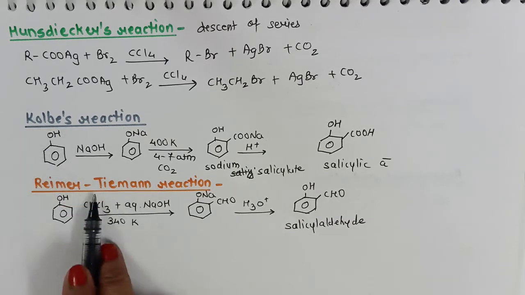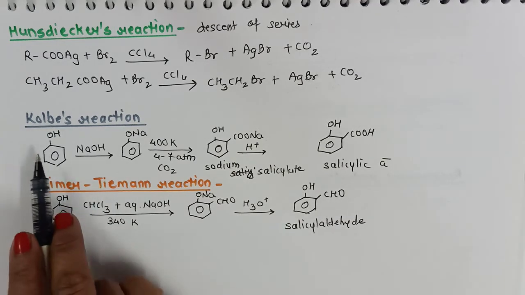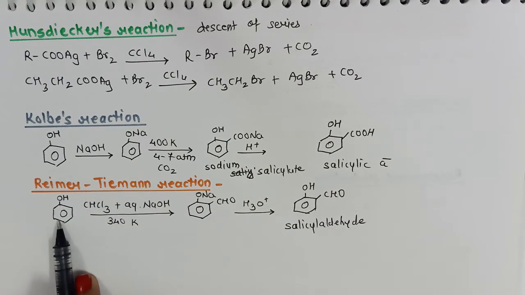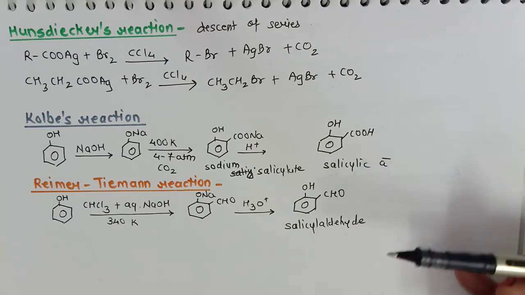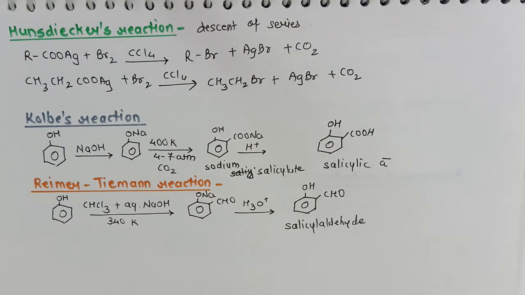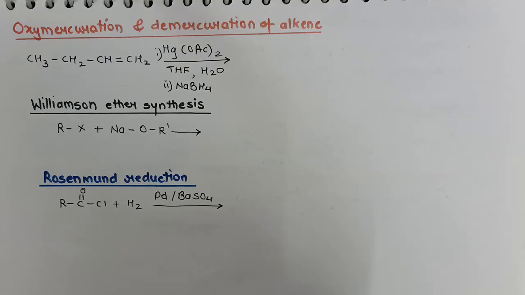So in Kolbe's reaction and Reimer-Tiemann reaction, the starting reagents are same, phenol, and the end products differ. In case of Kolbe's reaction, it is salicylic acid. In case of Reimer-Tiemann reaction, it is salicylaldehyde.